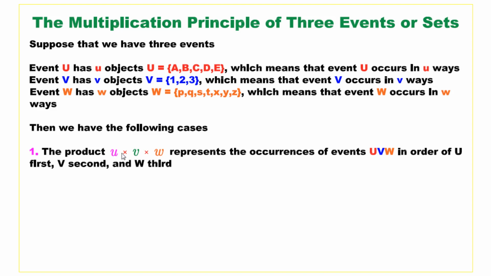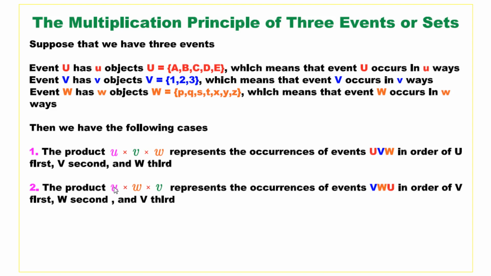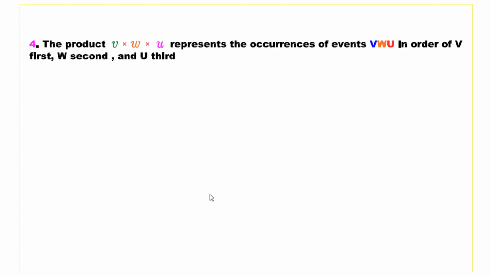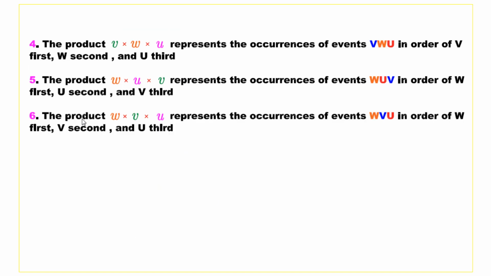The product U times V times W represents the occurrences of these events in the order of U, V, W. And the product U times W times V represents the occurrences of these events in the order of U, W, and V. So we continue until we arrive at the last way of occurrences of these 3 events. So we have 6 ways, which is 3 factorial.